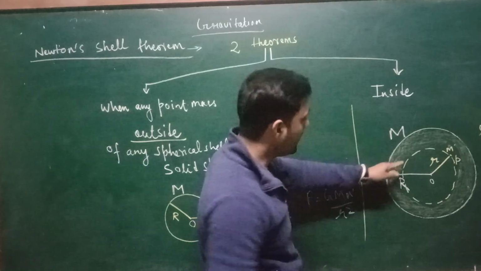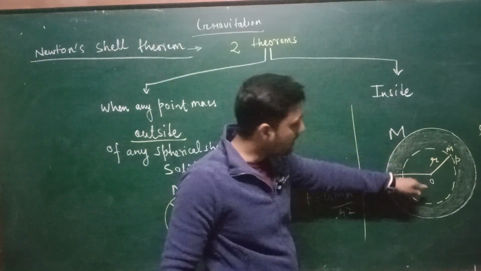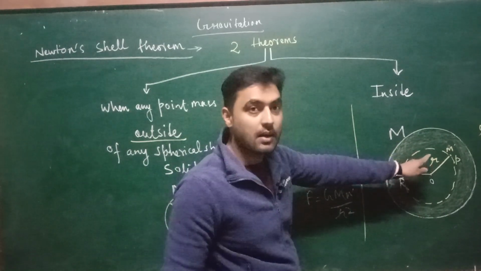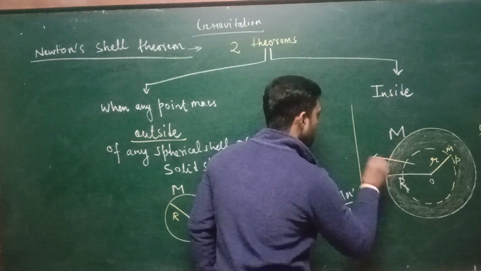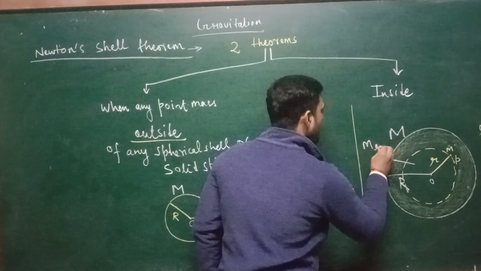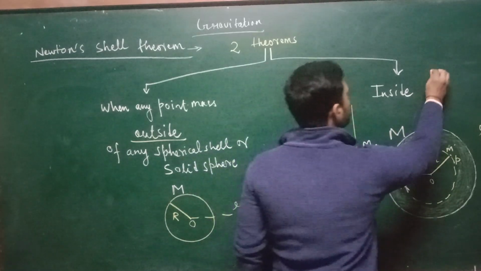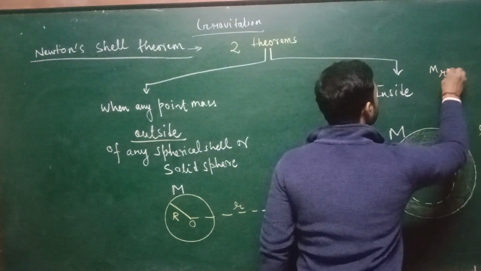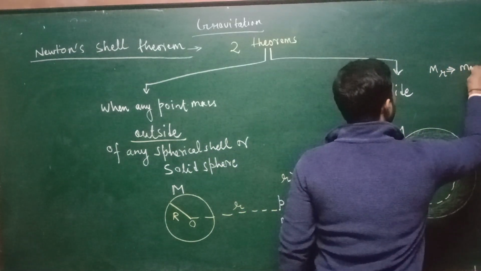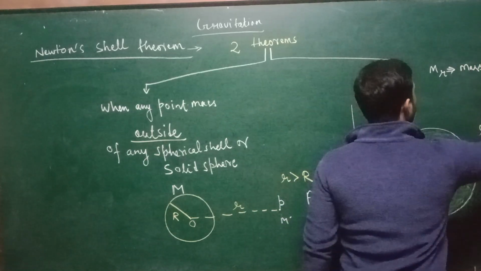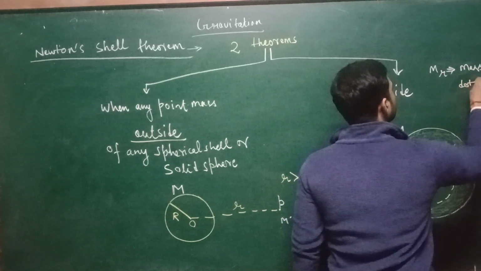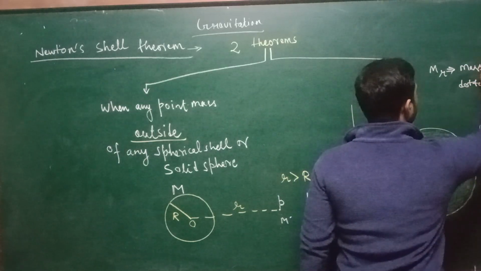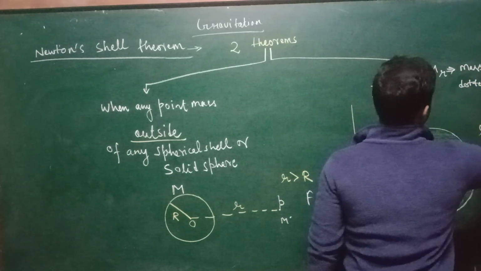Let's say the remaining portion that is inside the dotted sphere has a mass of Mr. What is Mr? Mr is the mass of the dotted sphere.